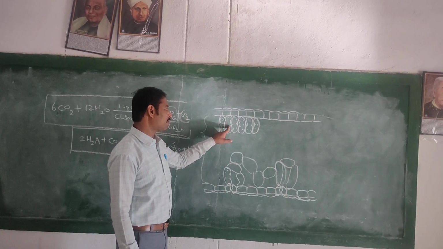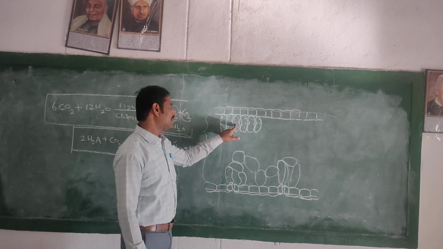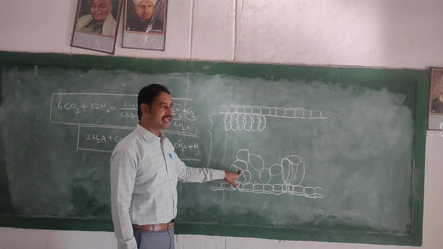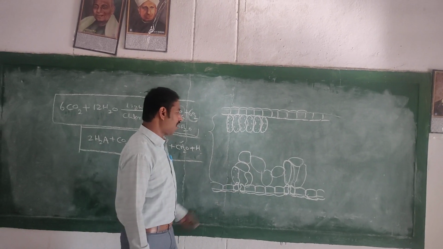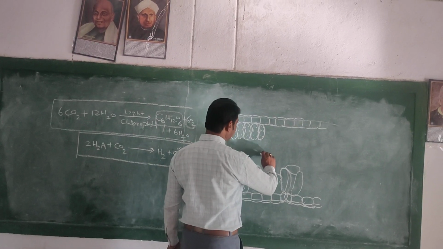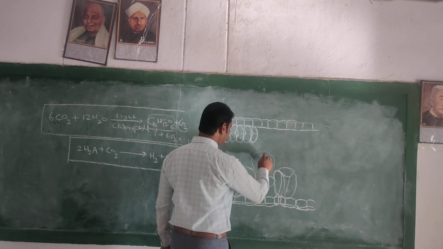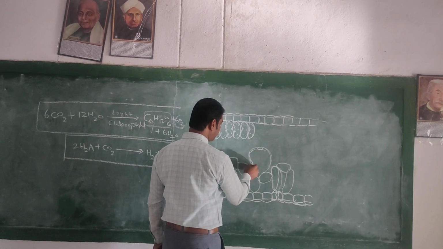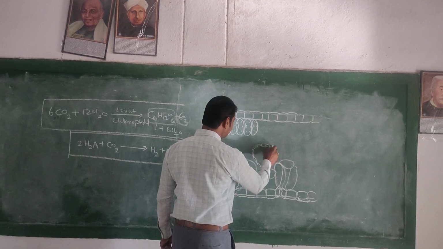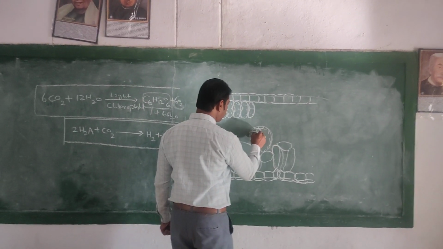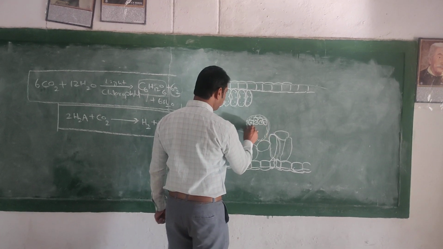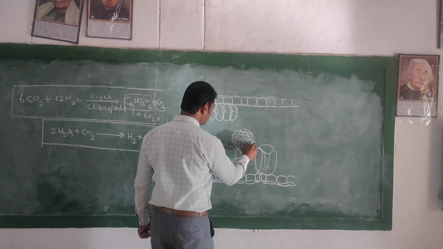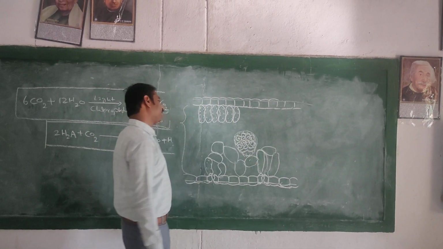In the middle of the leaf, the vascular bundle is located, containing xylem and phloem. Xylem helps in the conduction of water, and phloem helps in the conduction of the food material produced inside the leaf.